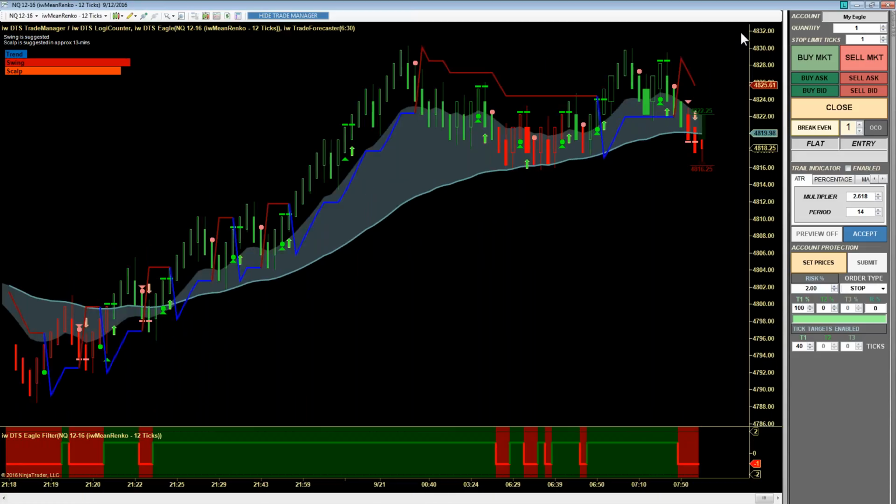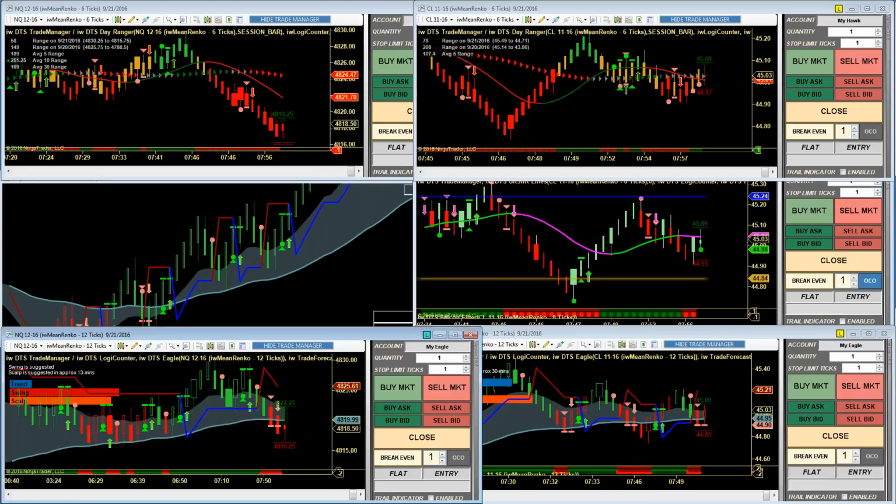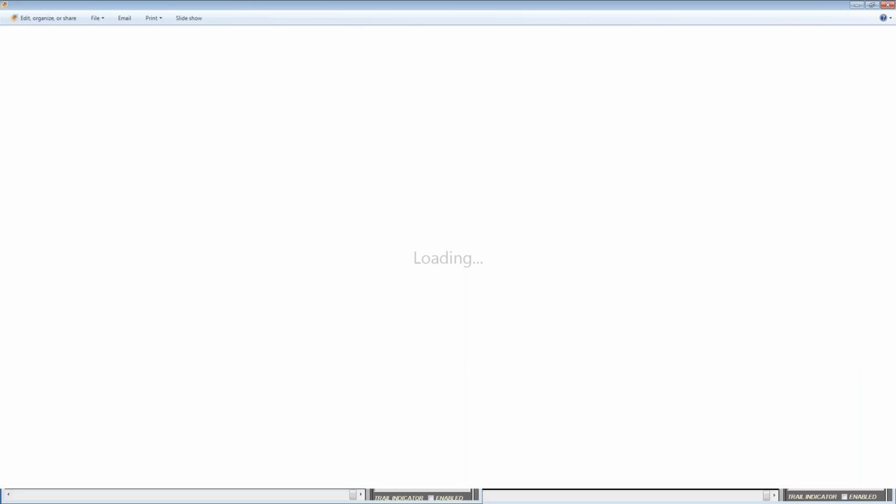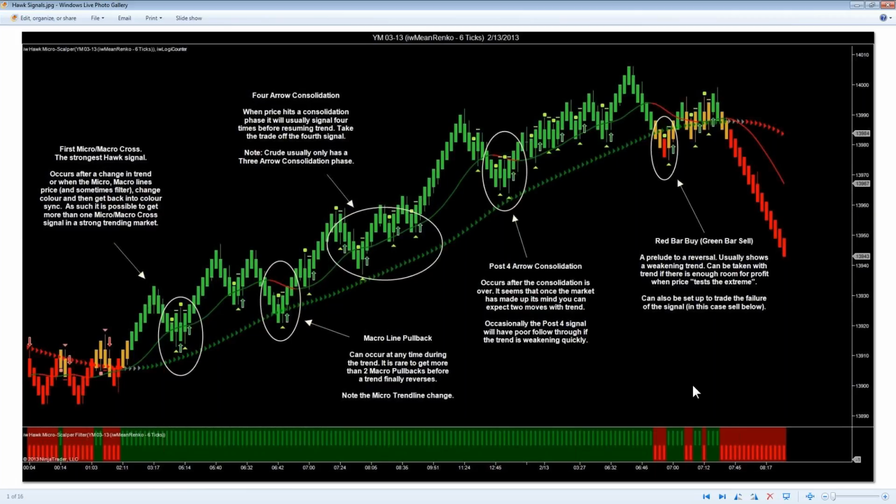I've saved one here that I was going to turn into a cheat sheet. Let me dig that one up. So we have these cheat sheets to help you identify the signals. For instance, here on the hawk, these are the 5 high probability signals for the hawk.